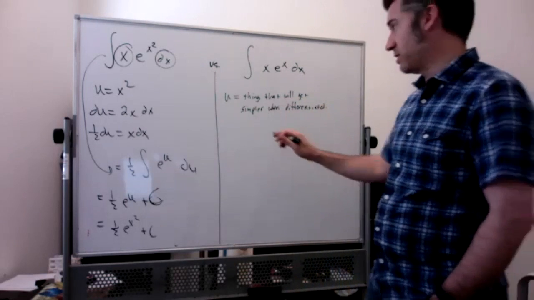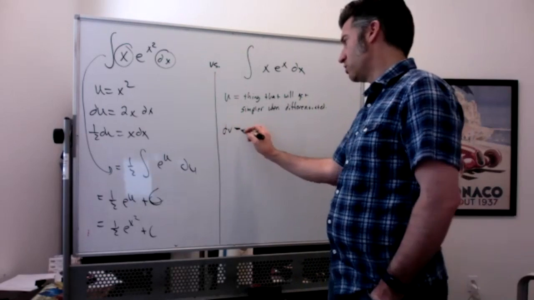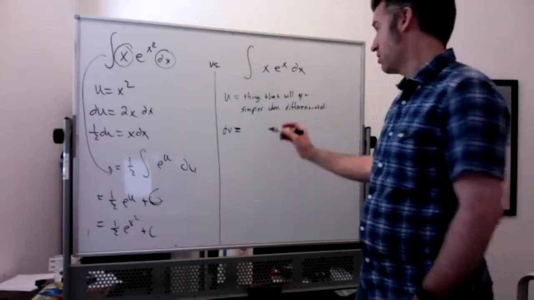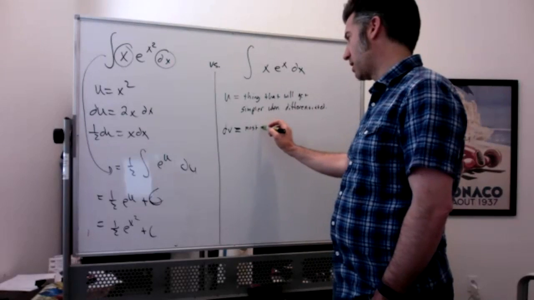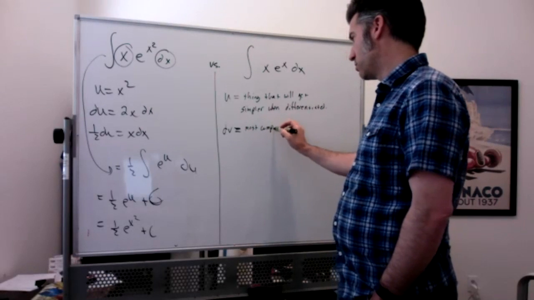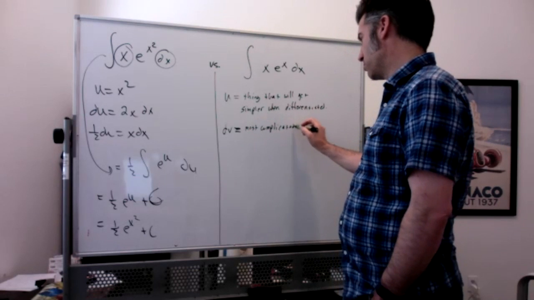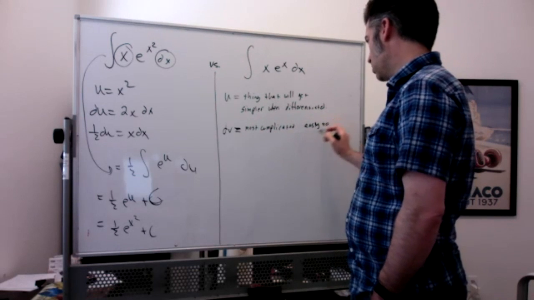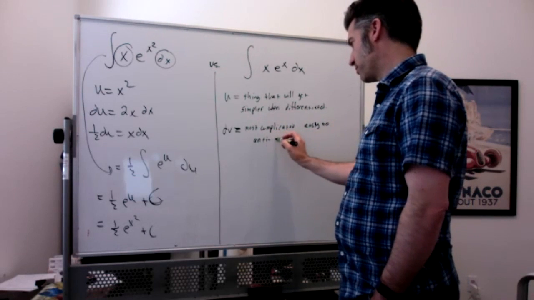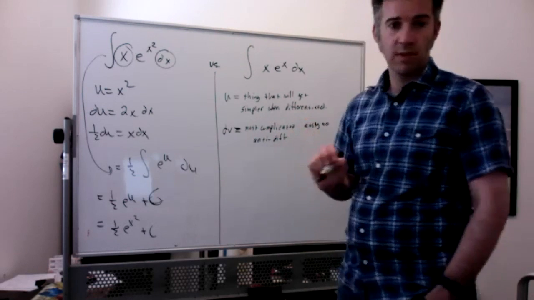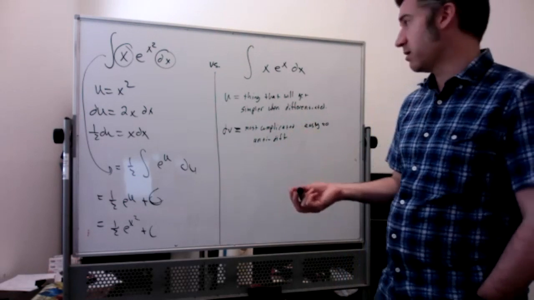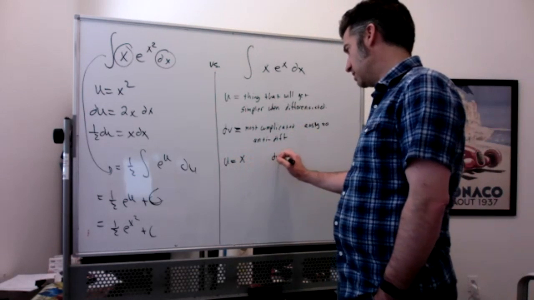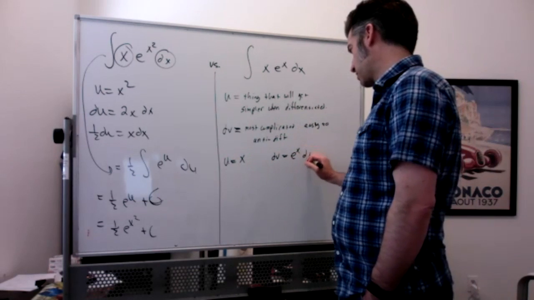Another way people talk about this is dv should be the most complicated thing on the board that's still easy to anti-differentiate. So with both of those things in mind, it seems like u should definitely equal x and dv should definitely equal e to the x dx.